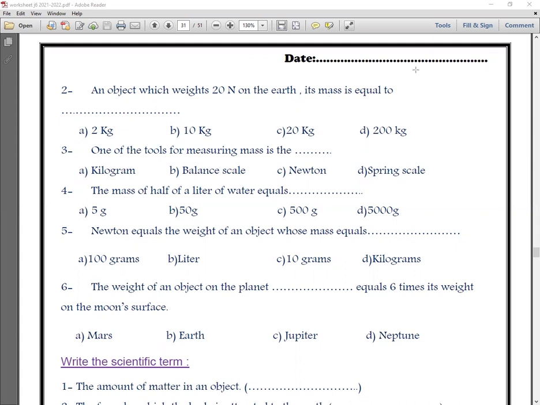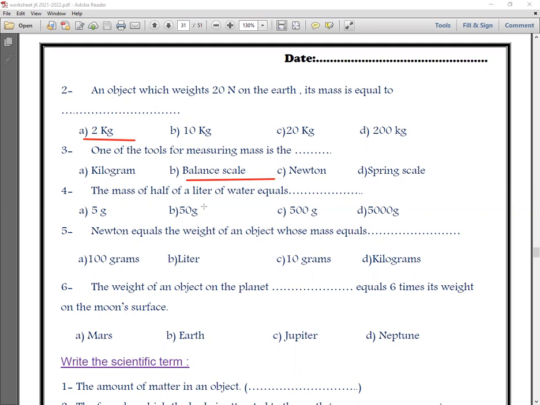Mass equals weight on Earth divided by 10. So 20 divided by 10 equals 2 kilograms. Number 3, one of the tools for measuring mass is the balance scale, not spring scale and not kilogram and Newton because they are units.